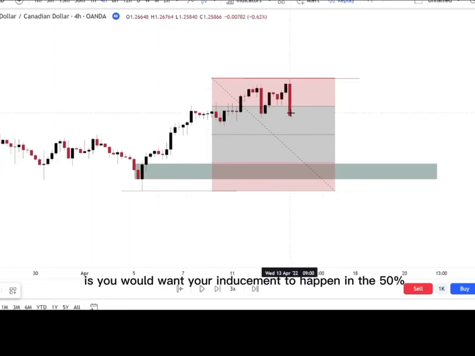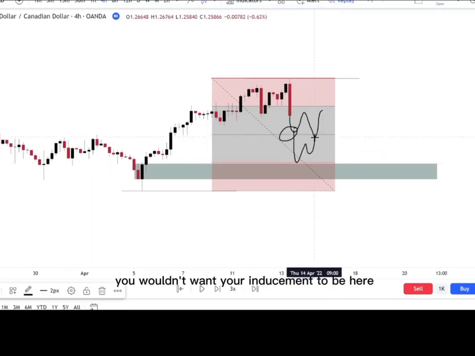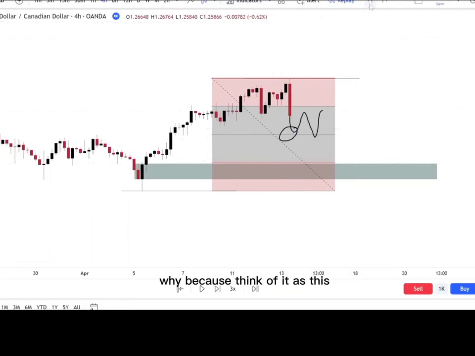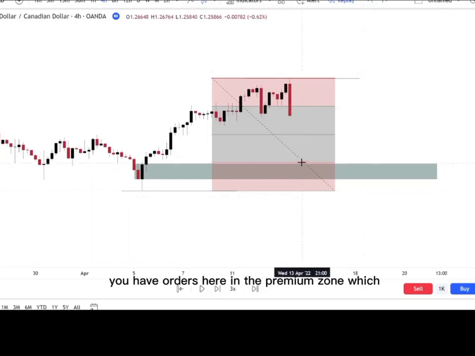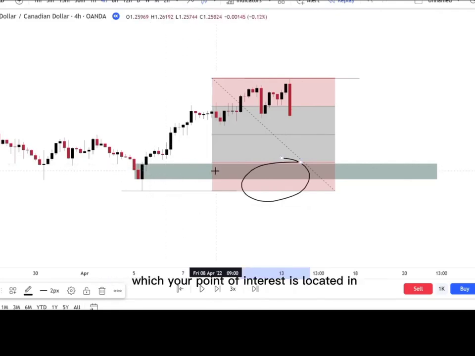So what you would want essentially is you would want your inducement to happen in the 50%. You'd want your inducement to be here. You wouldn't want your inducement to be here and then for price to reach your level or even close by to the premium. Why? Because think of it as this. Think of it as you have orders here in the premium zone, which your point of interest is located in.